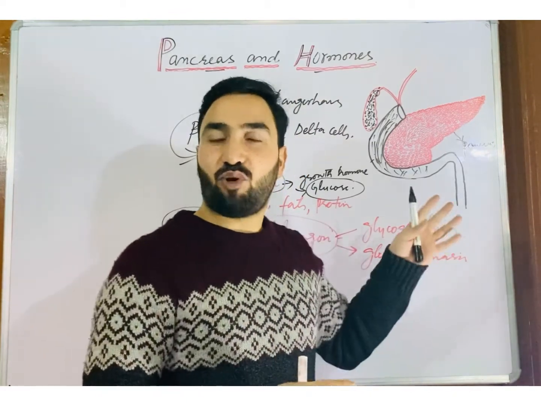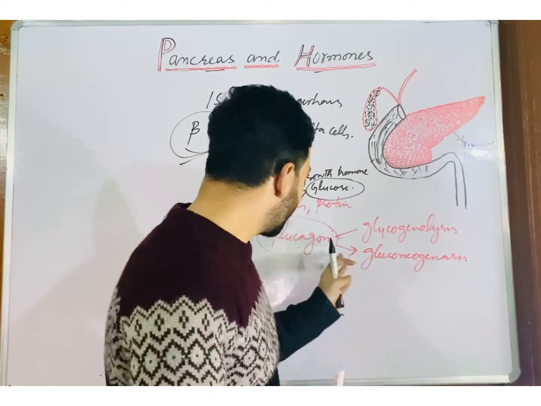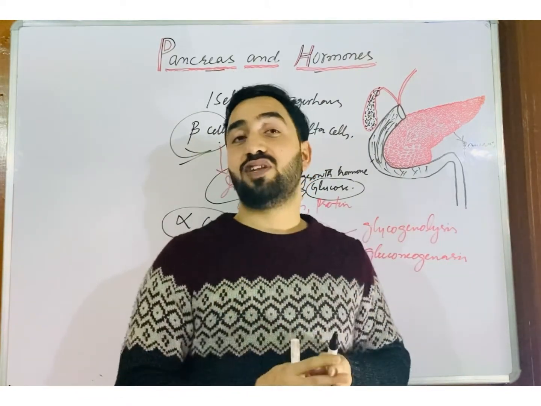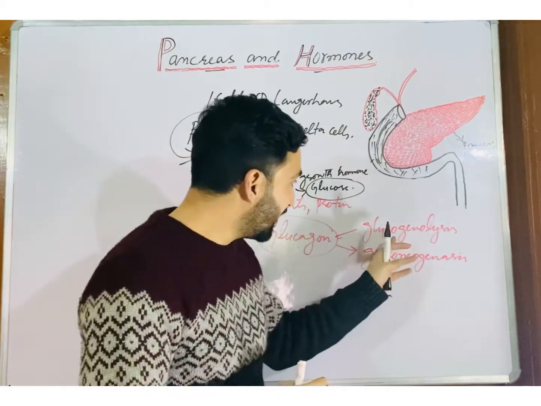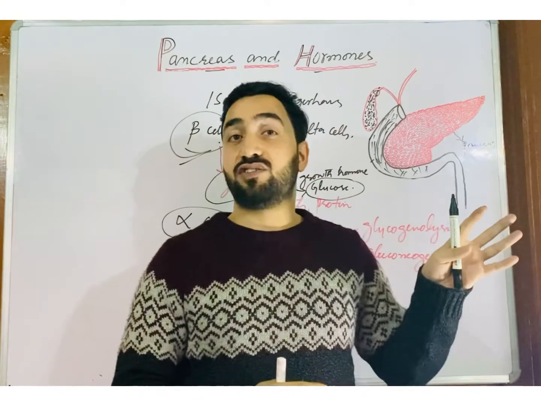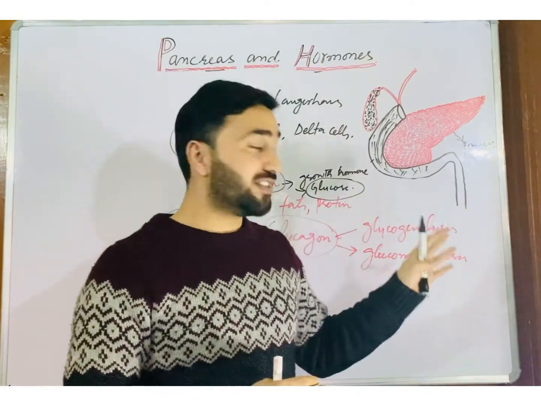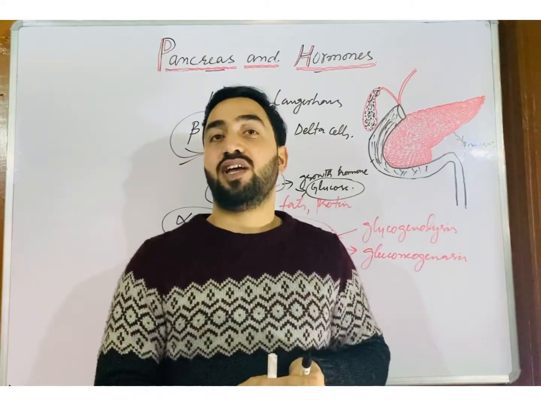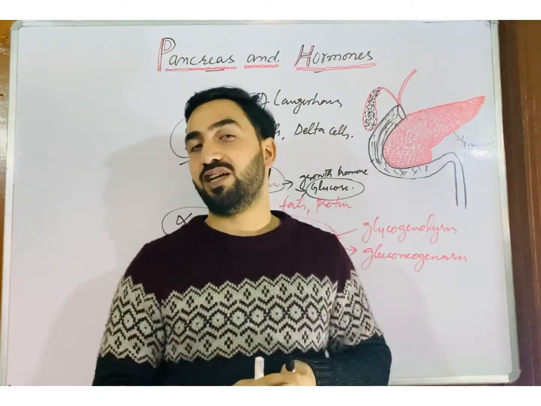So when there is a low glucose level in the blood, and glycogenolysis and gluconeogenesis happen, the ultimate function of glucagon is restoring the blood sugar level.